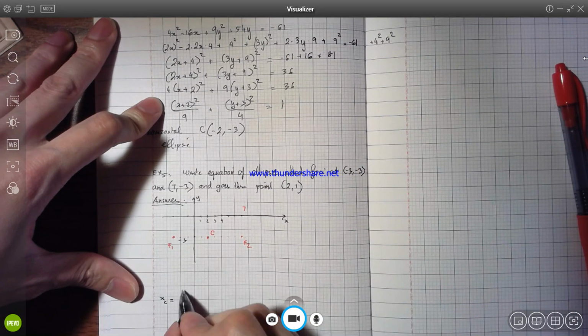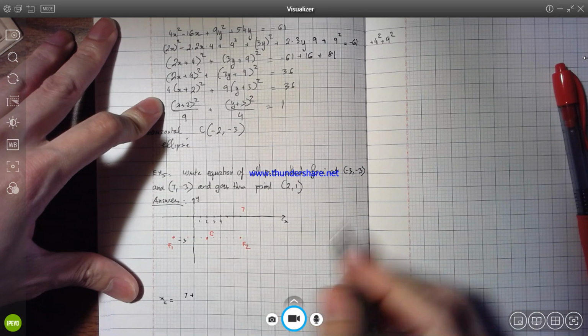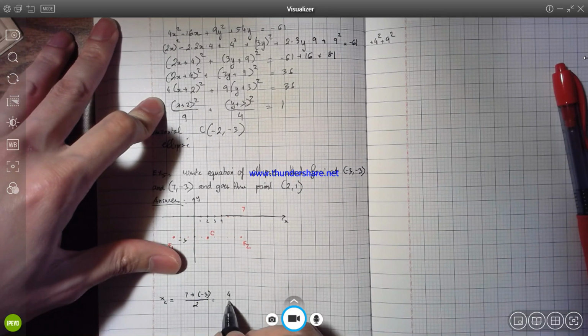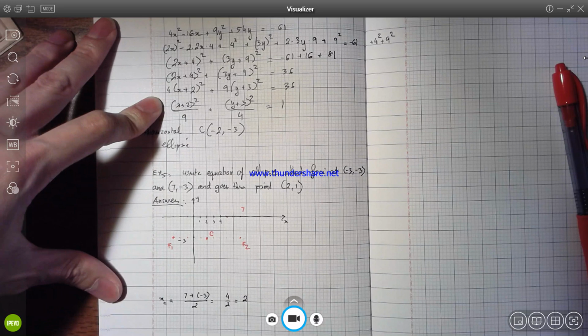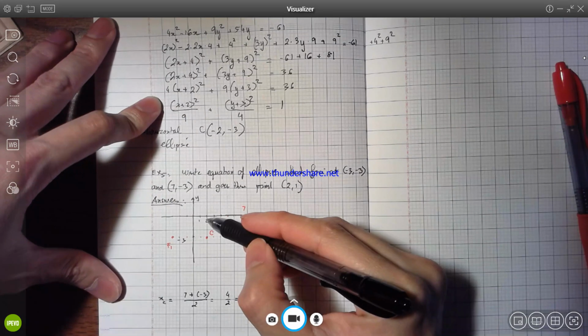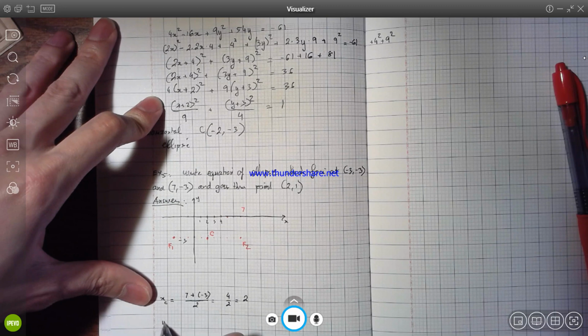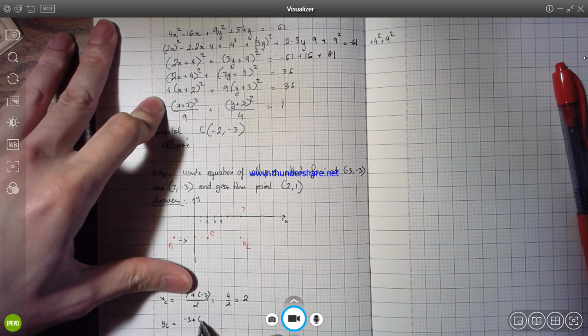So 7 plus minus 3 over 2, so it'll be 4 over 2. It will be 2. So you see that? 2. Okay, and yc will be negative 3 plus negative 3.